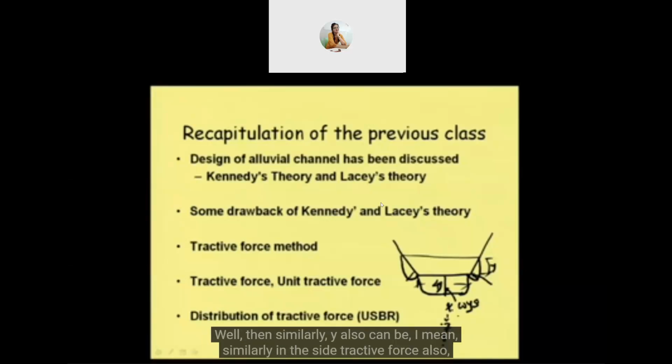Similarly, in the side tractive force also this can be expressed as WYS, and similarly here also a product will be coming, so X into that I am writing here. And now this was given for this particular channel where the width of the channel is 4 times the depth of the channel, and we did discuss what the value of X is there, and then this slope, okay, my diagram is not proper, but the slope is, say if it is 1, this is 1.5, for that sort of side slope.